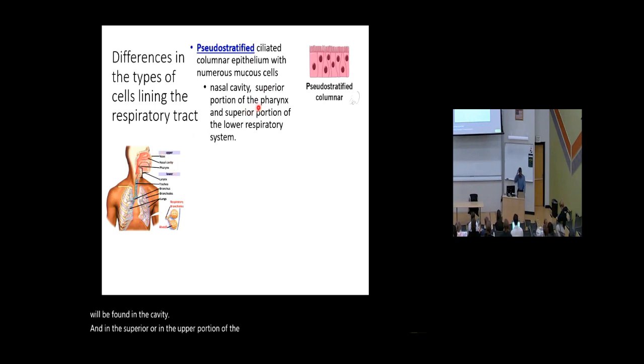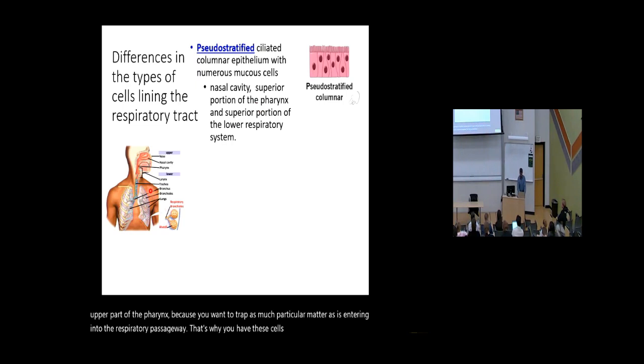Let's stop there, right? It makes sense that you have this type of epithelia in the nose and the upper part of the pharynx, because you want to trap as much particulate matter as is entering into the respiratory passageway. That's why you have these cells.